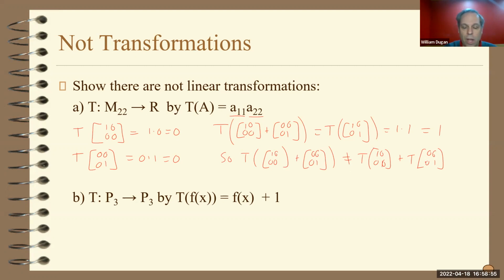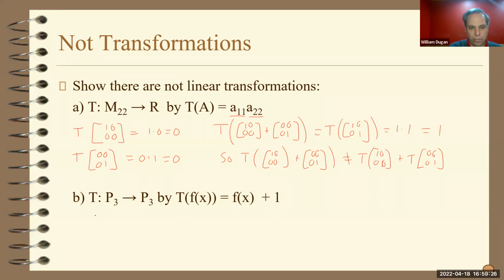So the second one, I have to show you that this mapping, it's a transform between spaces, but it's not a linear transform. So it says it takes a polynomial of degree 3 or less and sends it to be a polynomial of degree 3 or less. I have to show you that the mapping that takes a polynomial and then maps it to the same polynomial plus 1, that's not linear. Well, again, I can use almost anything. I'll look at the second property.